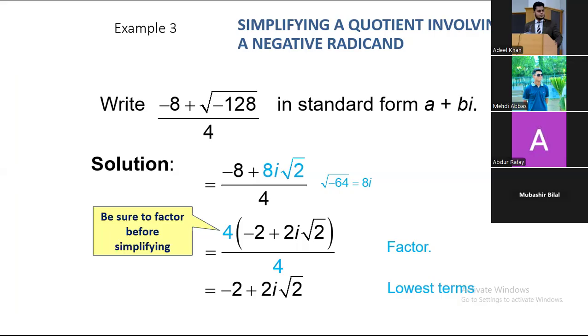So this is the answer that we see over here. So up till now, we have discussed this third example of complex number simplification.